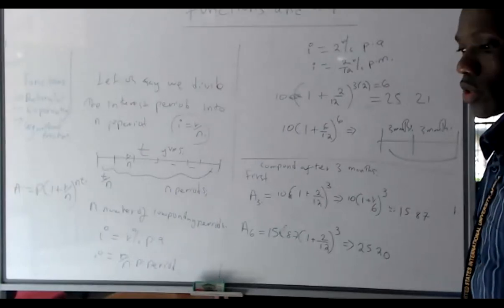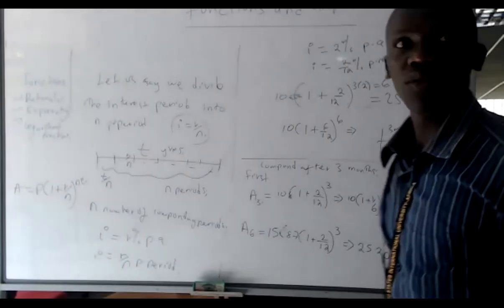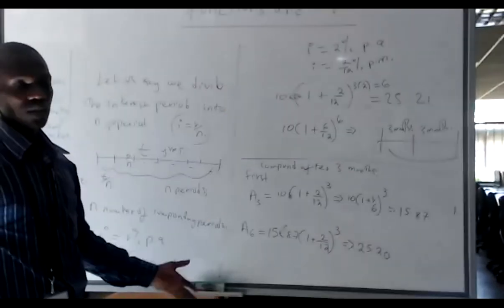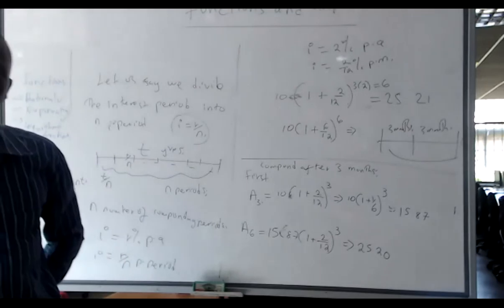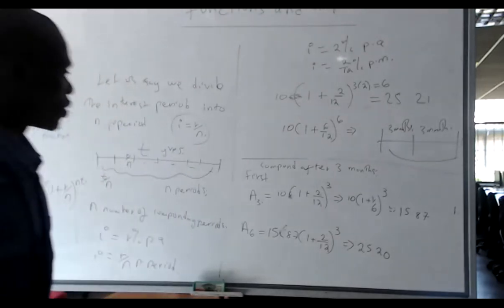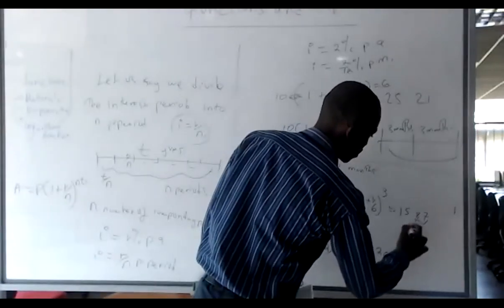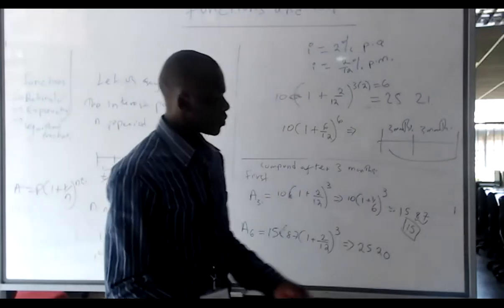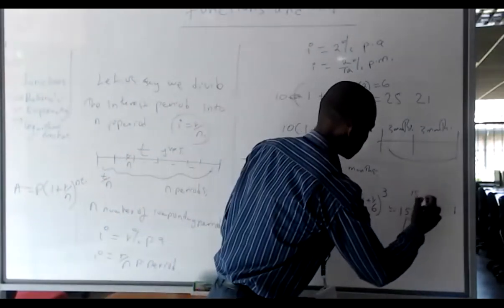That will depend on what the examiner is looking for, but I always give you answers to 2 decimal places for such kind of questions. And when I say 2 decimal places, you round off, don't truncate. Because if you truncate something like 15.879, that should have been 15.88.